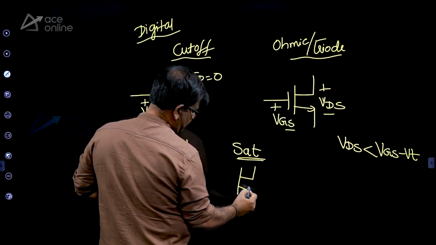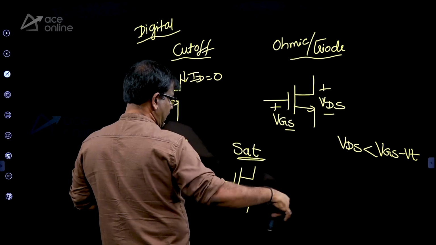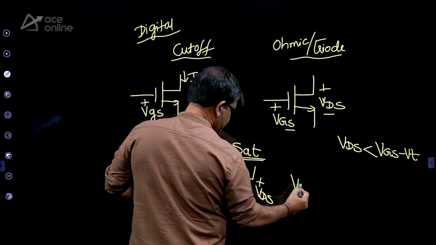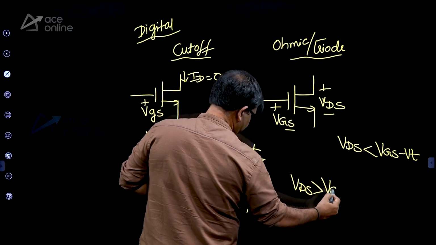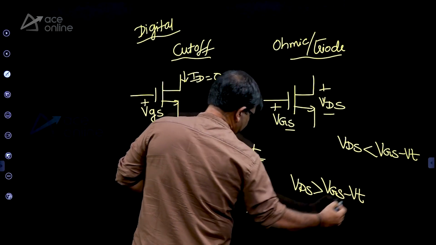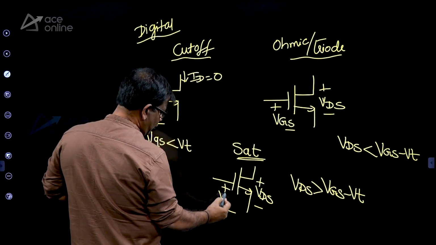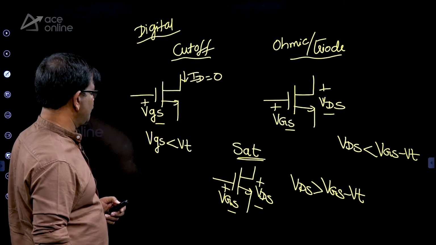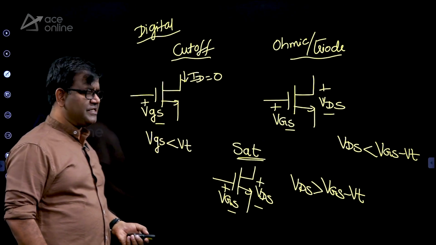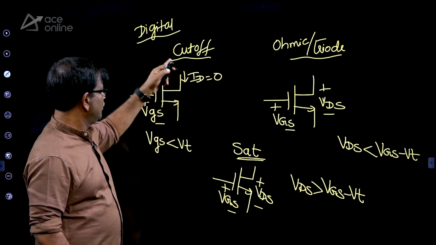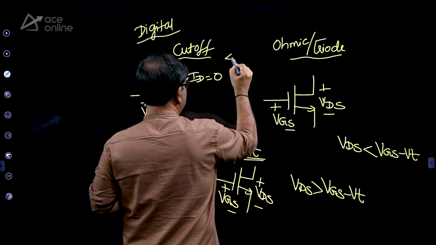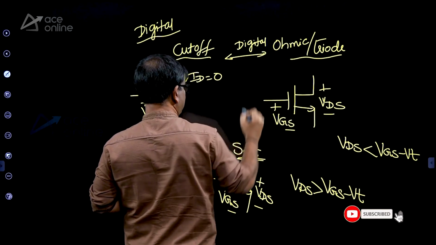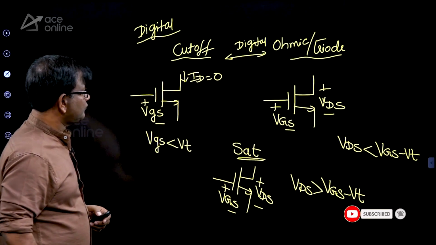In saturation, as we want a larger output swing, this VDS should be greater than VGS minus VT, VT being the threshold voltage. So MOSFET, just like the BJT, has 3 regions. 2 regions are for digital, 1 for analog, right?